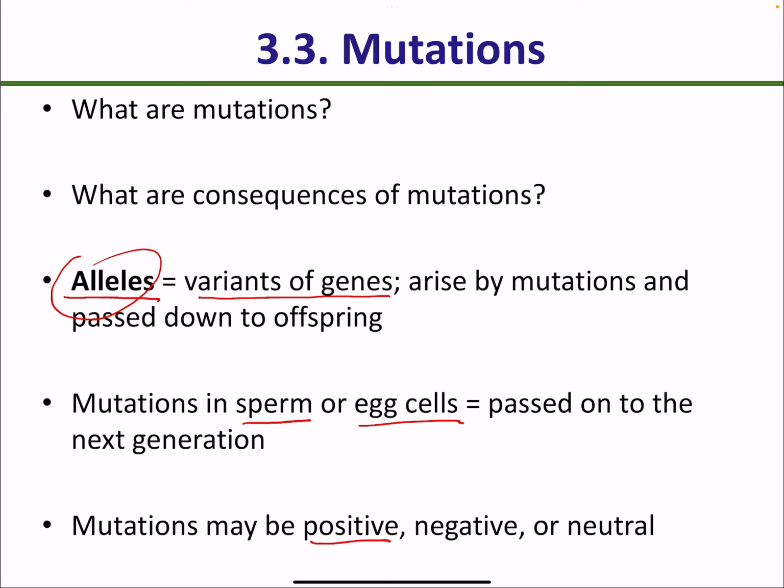A mutation can have a negative consequence, which is that the mutated gene is going to lose its function, or it can be neutral, meaning that there is no change at the end of the day when it comes to the function of the protein.